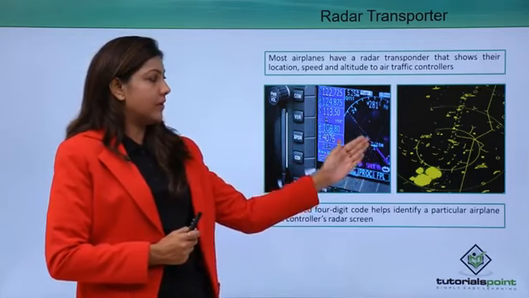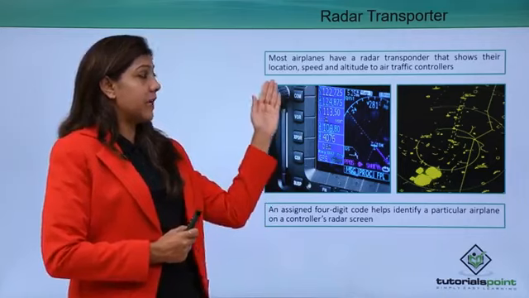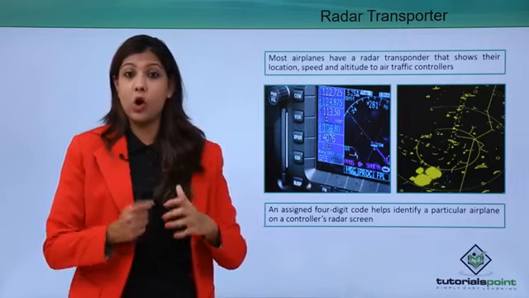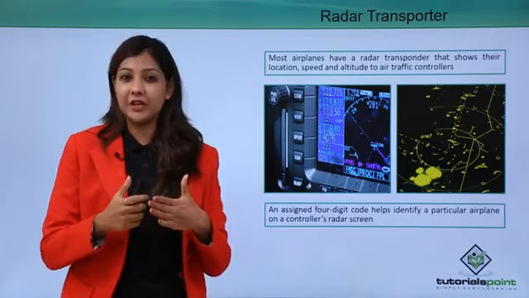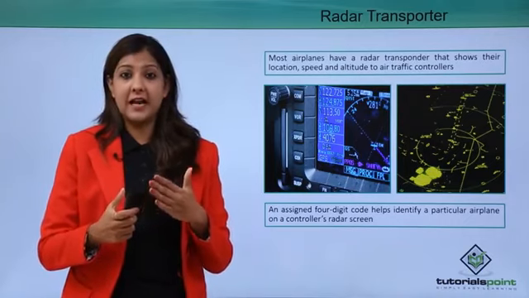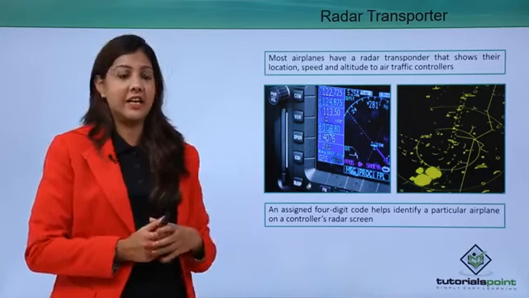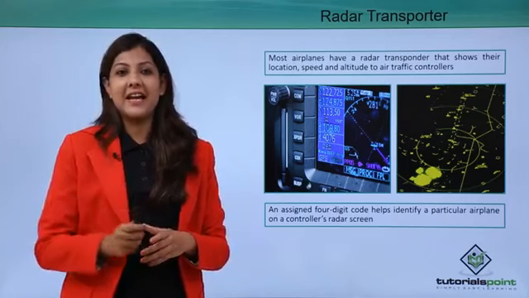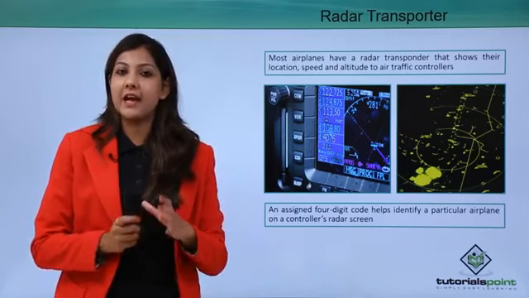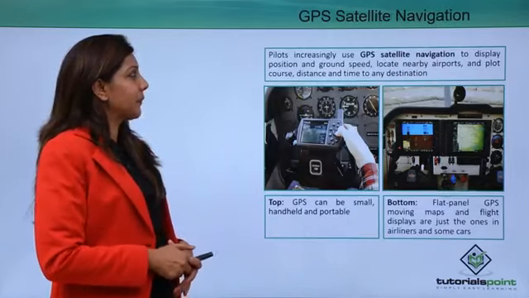They can locate the exact location of the aircraft, the speed with which it is traveling, as well as its altitude. This helps air traffic control ensure there is no crash between two aircraft, and they are able to guide the pilots in the right manner for takeoff and landing. So friends, this is very essential and imperative to understand. ATC is really helping the aircraft into smooth takeoff and landing phases.